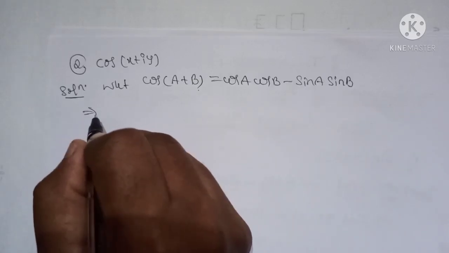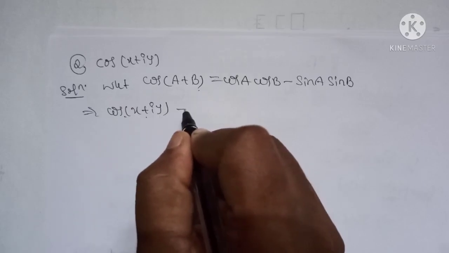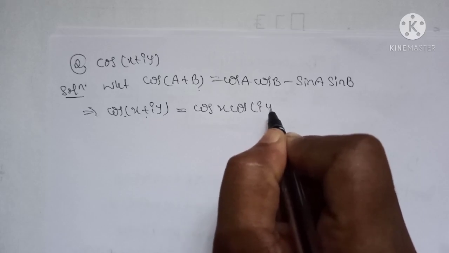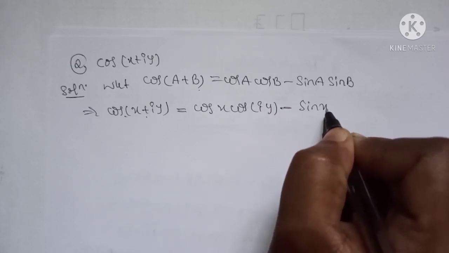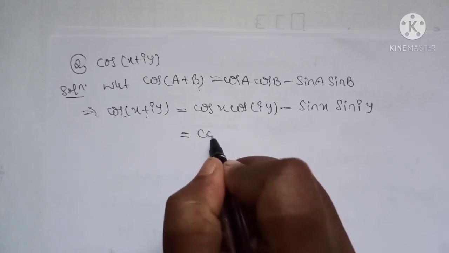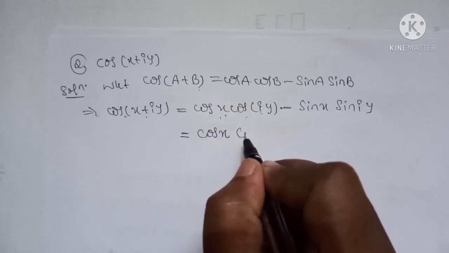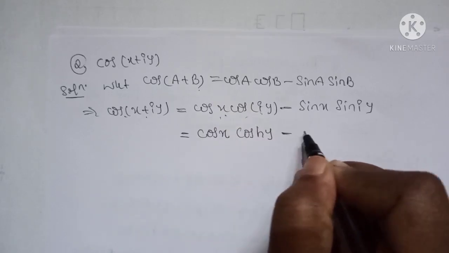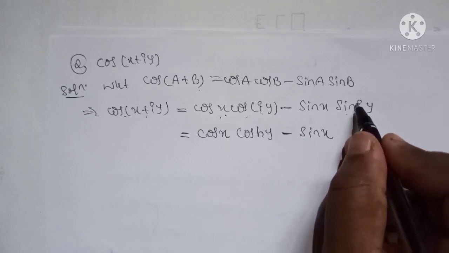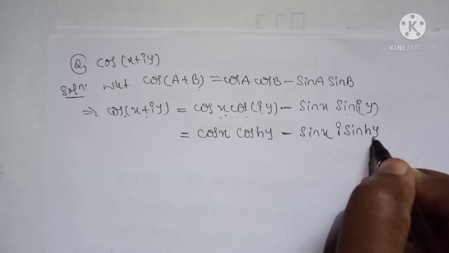Now applying this formula to the given complex number, we get cos of x plus iy is equal to cos x cos iy minus sin x sin iy, which is equal to cos x as it is, cos of iy is cosh y, minus sin x as it is, sin of iy is equal to i into sinh y.